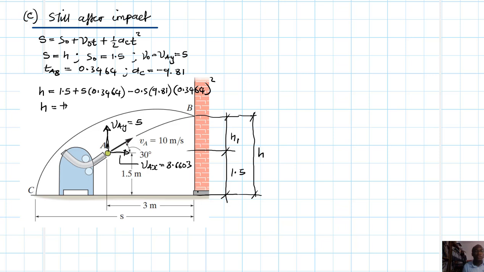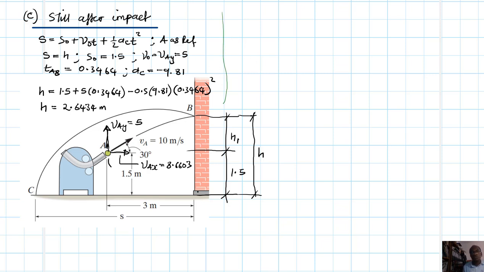So this we get 2.6434 meters. So this is what it is. Of course, we are using the reference A. A is the reference, right?